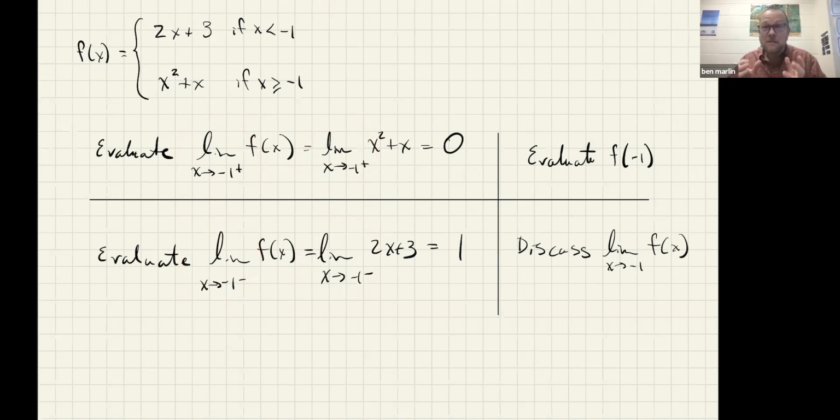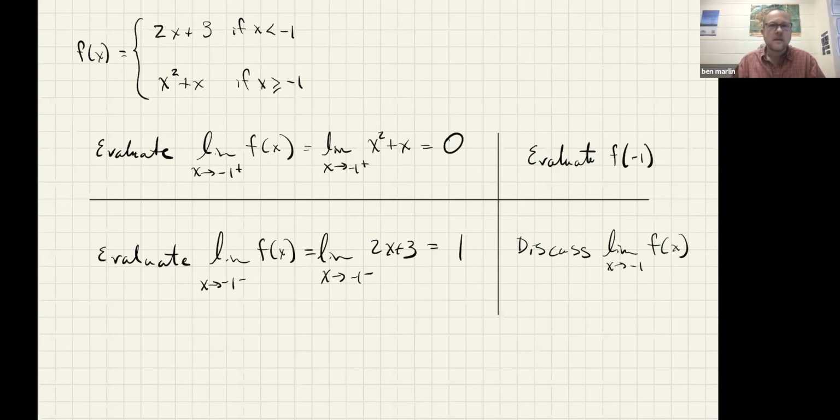So the lim is not equal to anything. The lim is a process that you're doing. So the limit of x squared plus x turned out to be 0. The limit of 2x plus 3 turned out to be 1. But you need to write that lim at every step until you get to filling in the answer.